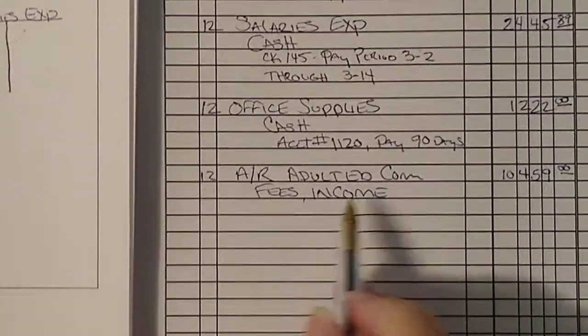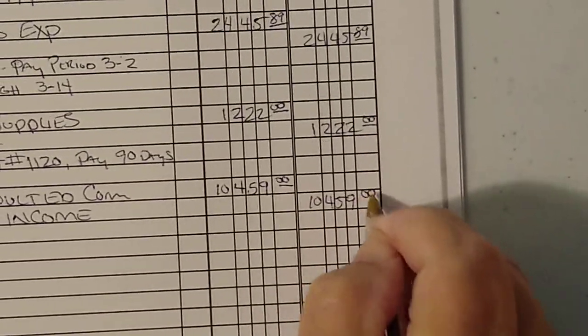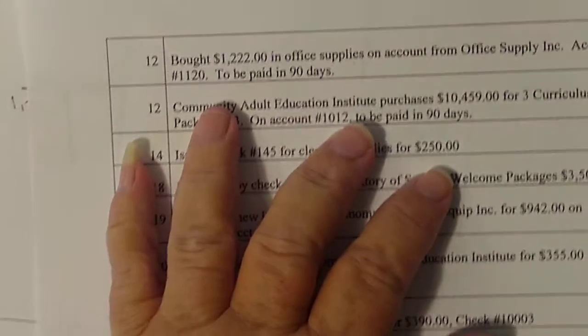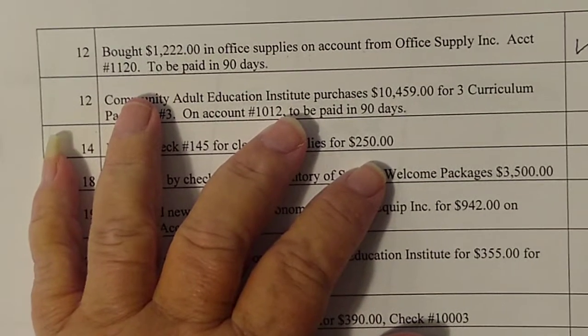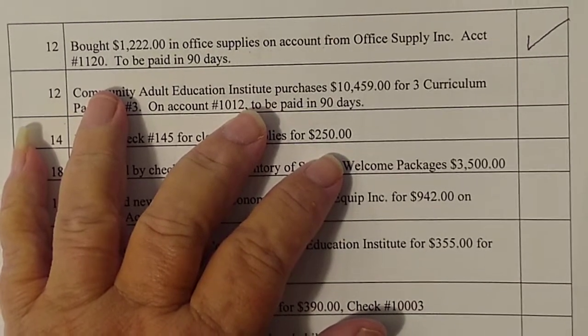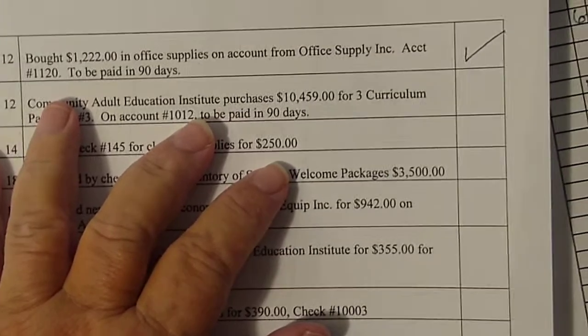Otherwise known as revenue. $10,459. Okay, we could put here some more information, such as it is account number 1120, pay in 90 days. All right, check that one off. Okay, next one.